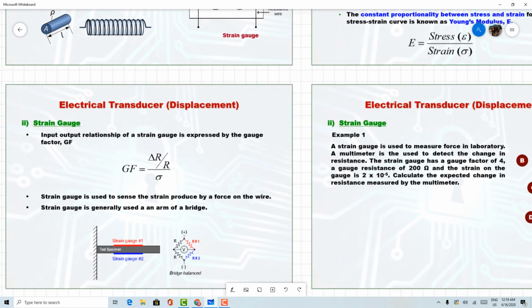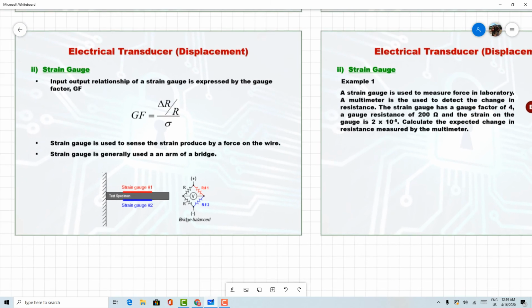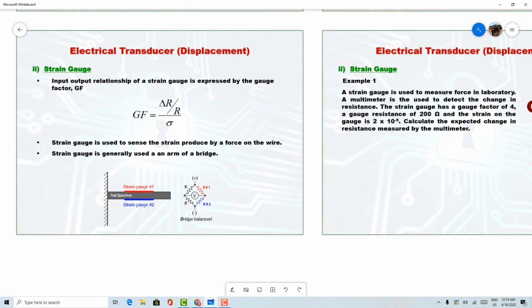Now, in the next slide, I want to share the relationship between input and output of a strain gauge. We can express this relationship by the gauge factor.